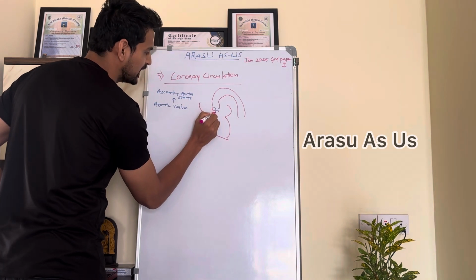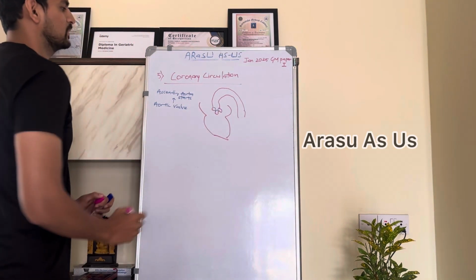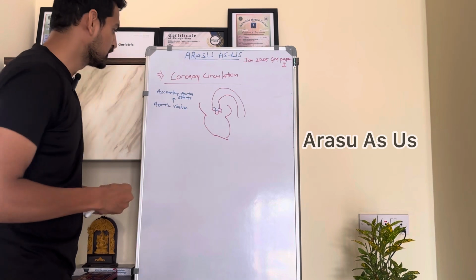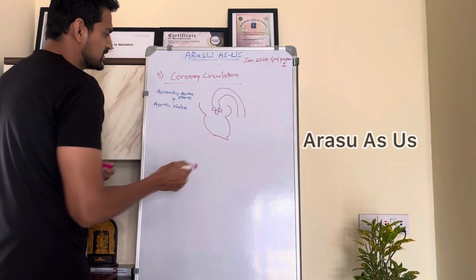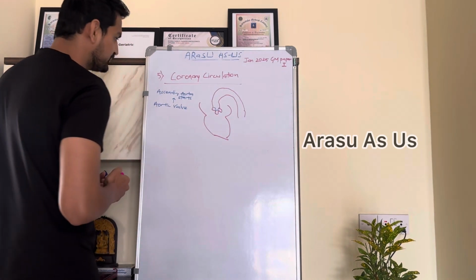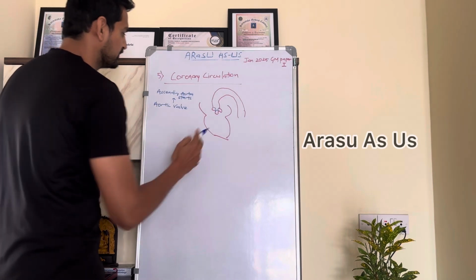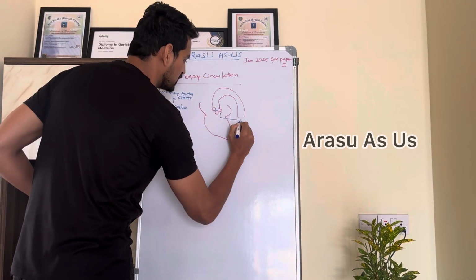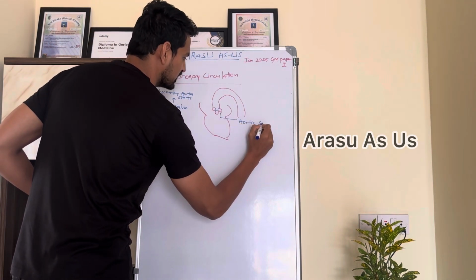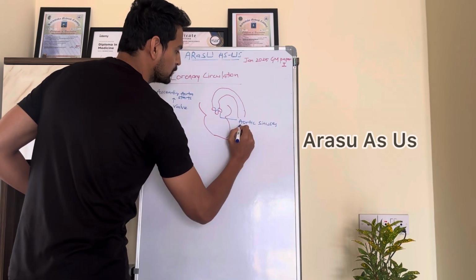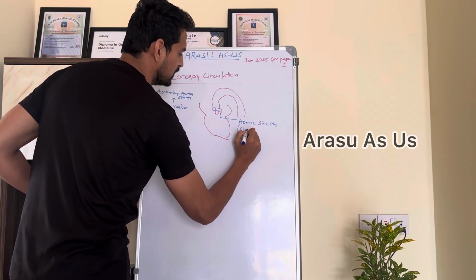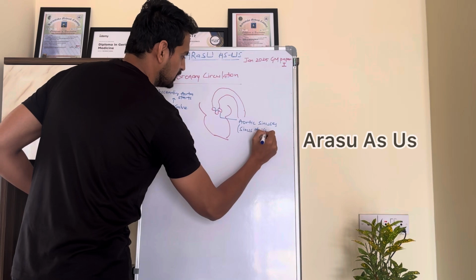It will be slightly dilated at the base of the ascending aorta. These slight dilatations are called aortic sinuses, also named the sinus of Valsalva.